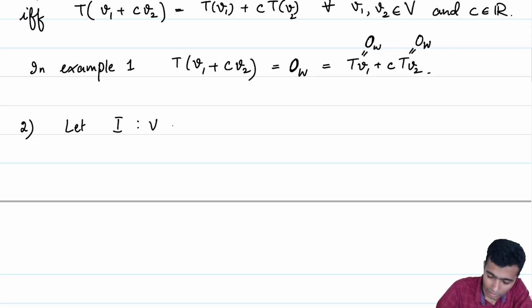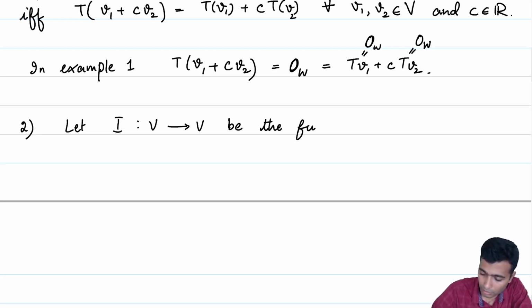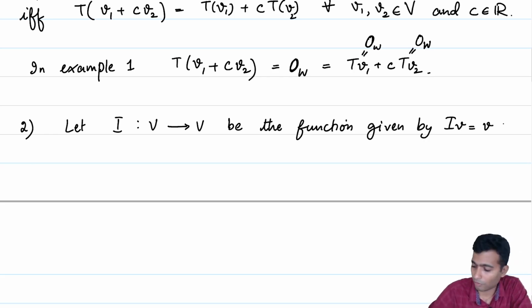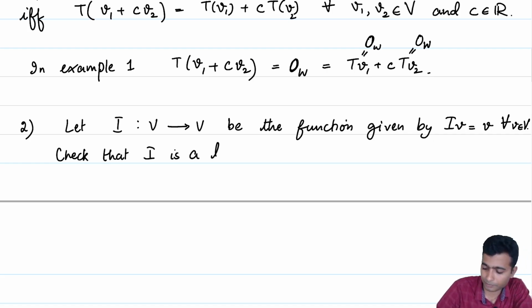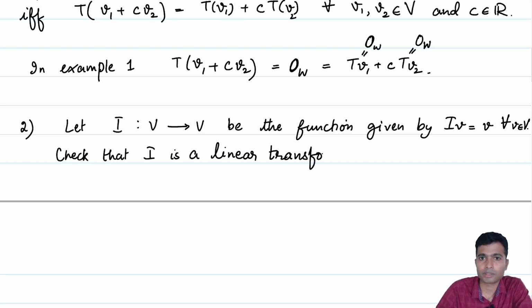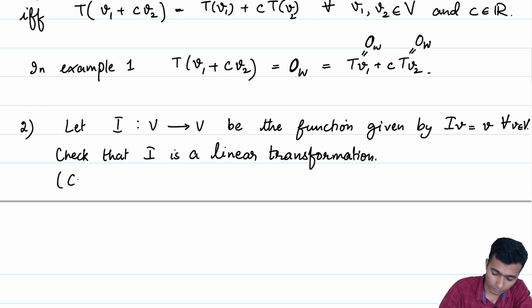Let I from V to itself be the map given by I of V is equal to V for all V in capital V. Again, check that I is a linear transformation. This particular linear transformation I is called the identity linear transformation.